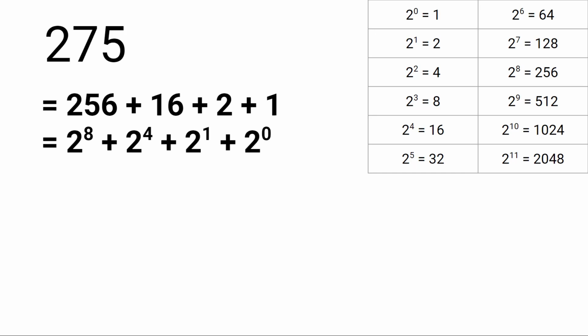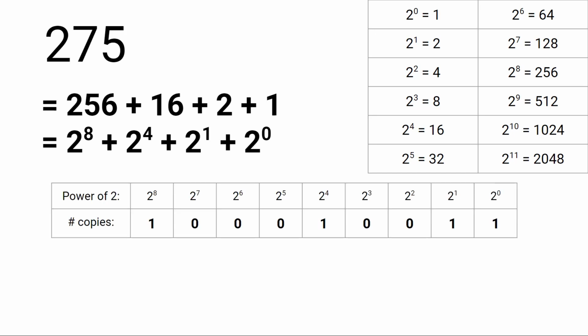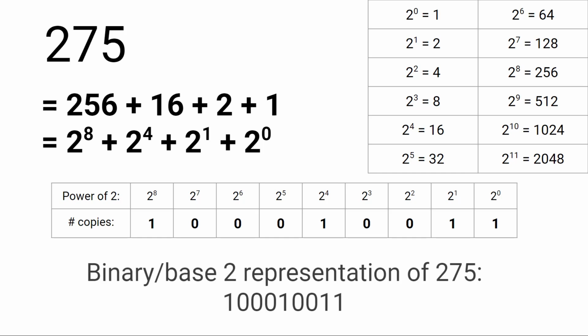In this representation, we used 1 2 to the 8th, 0 2 to the 7ths, 0 2 to the 6ths, 0 2 to the 5ths, 1 2 to the 4th, 0 2 to the 3rd, 0 2 to the 2nds, and 1 2 to the 1st, and 1 2 to the 0. The binary representation of the number 275 is the string of digits you see in the second row, 1 0 0 0 1 0 0 1 1.